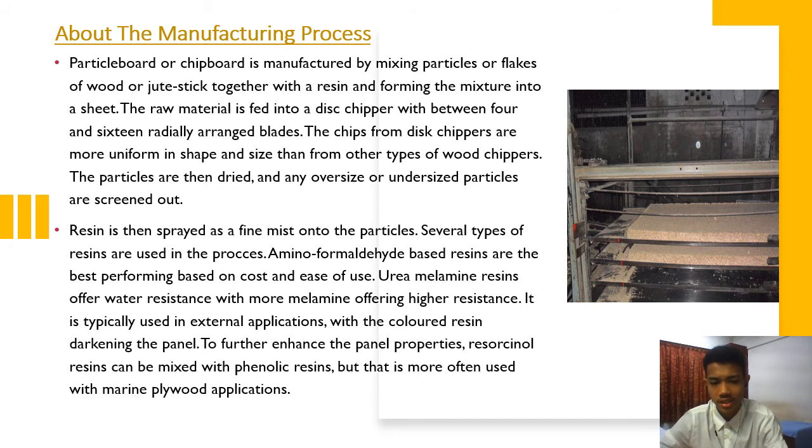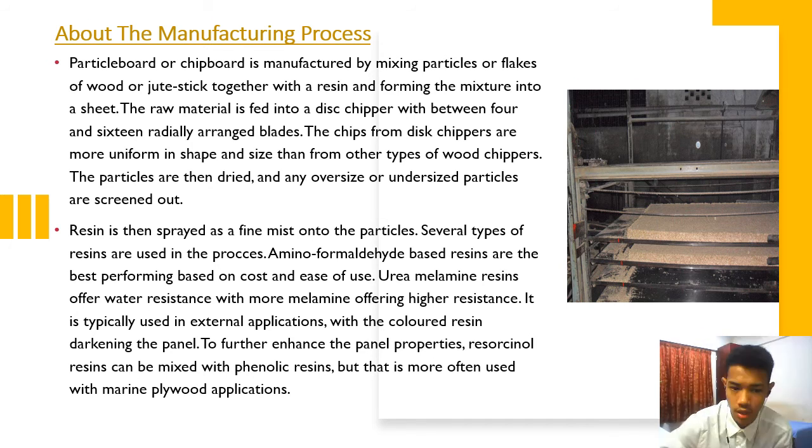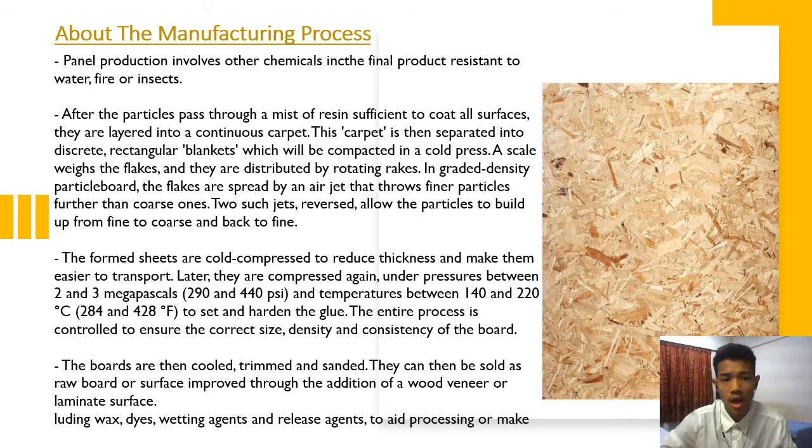Resin can be mixed with a phenolic resin, but that is more often used with very natural wood applications. Next, panel production involves other chemicals to make the final product resistant to water, fire, or insects.